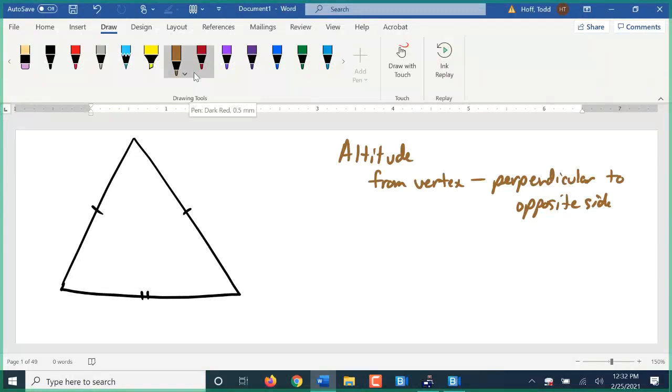The vertex that we need to use in our isosceles triangle is the vertex between the two equal sides. And to go perpendicular to the opposite side, it would be like that.